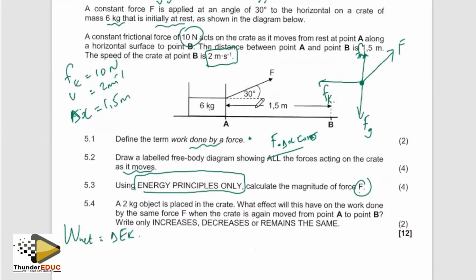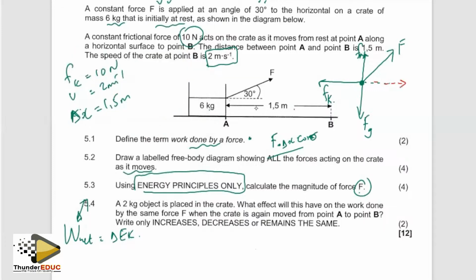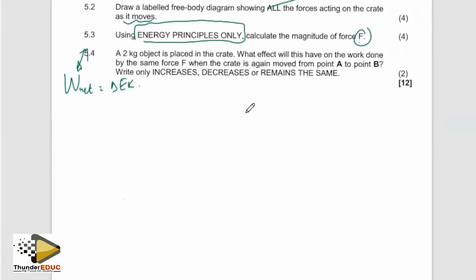So the net work done is going to be the work done by the horizontal component of the F, since the object is moving horizontally, which is going to be F cos of 30. And then I have to subtract the work done by the frictional force. In that way, I should be able to get what they're asking for.